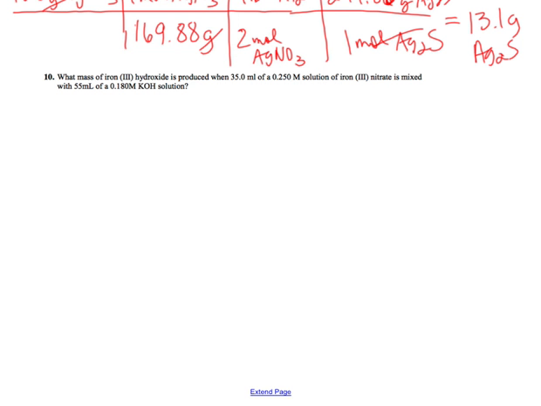What mass of iron 3 hydroxide is produced? So we're producing Fe(OH)3, and we're looking for mass. When iron 3 nitrate is mixed with potassium hydroxide.